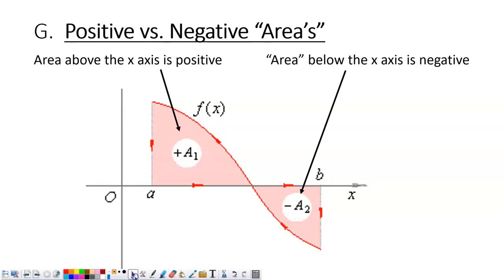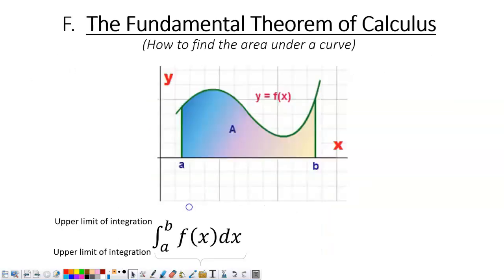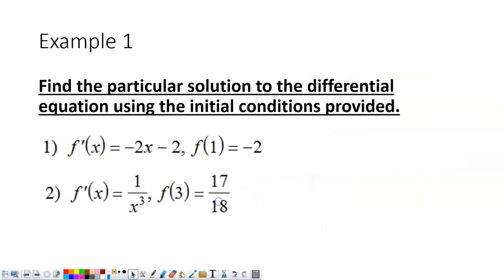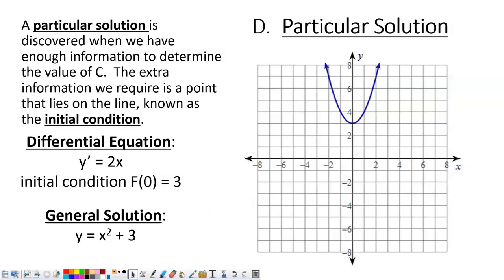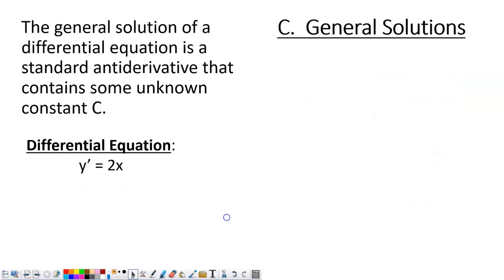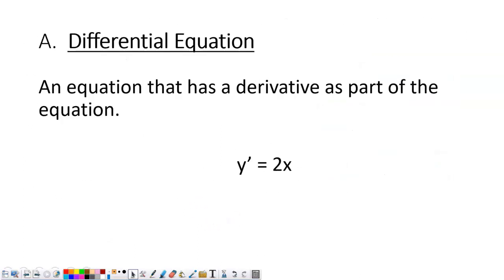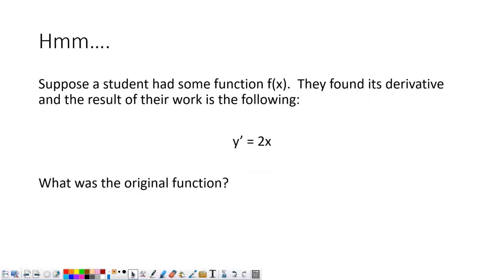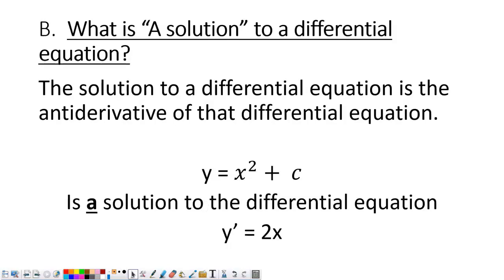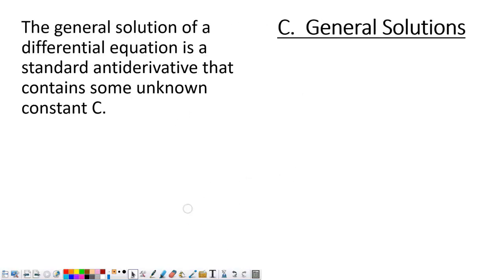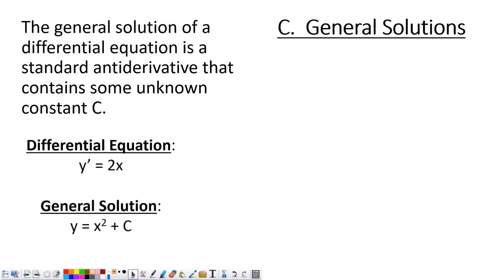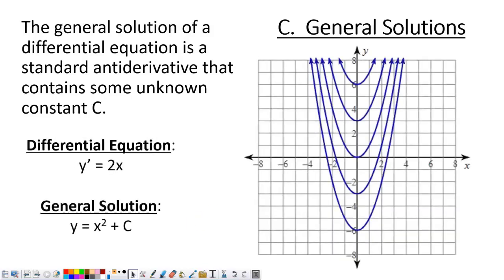So today, if you're interested, we did a couple of things, and they were quite different. So we talked about what differential equations are. Differential equations are equations that have a derivative in them. The solution to a differential equation is basically the antiderivative. Now, when your antiderivative has a c in it, we call that a general solution.